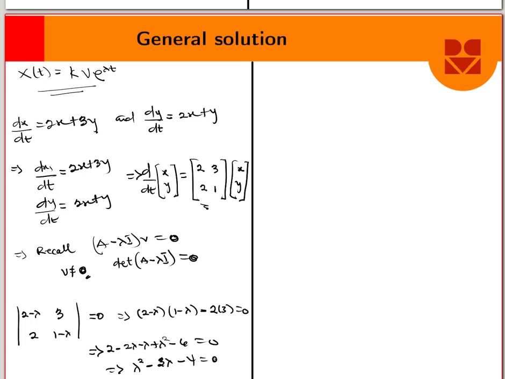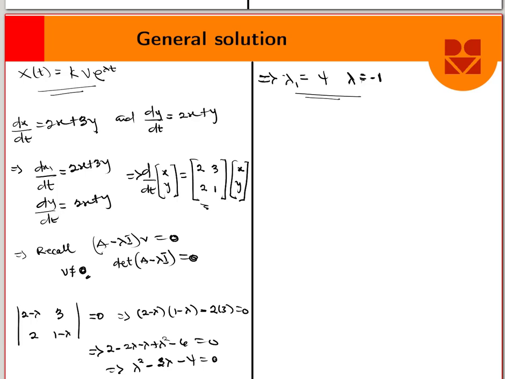Now, if you solve that quadratic equation, we have lambda 1 equal to 4 and lambda 2 equal to -1. You can try this, either use a calculator to solve it, or solve it in your head. After getting this, we now have to find their corresponding eigenvectors.